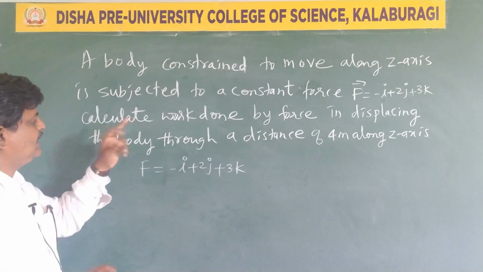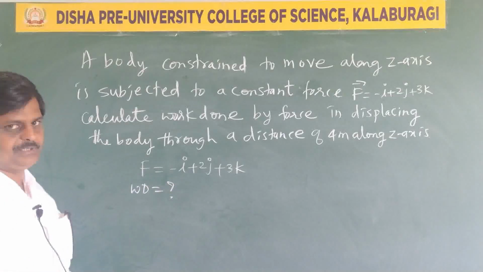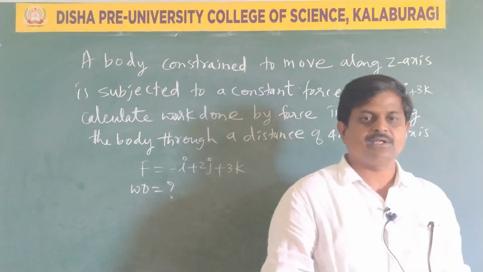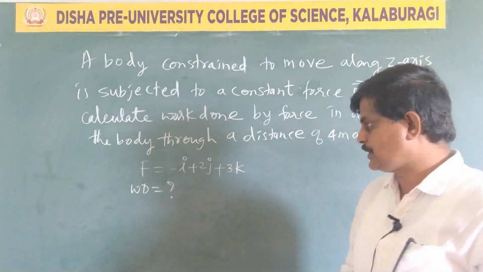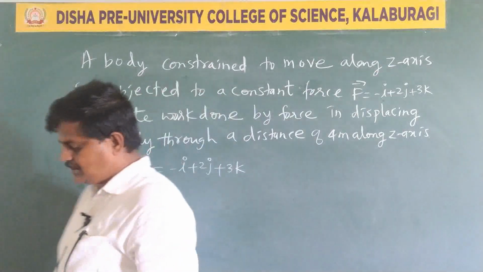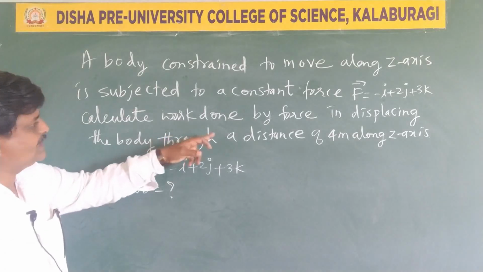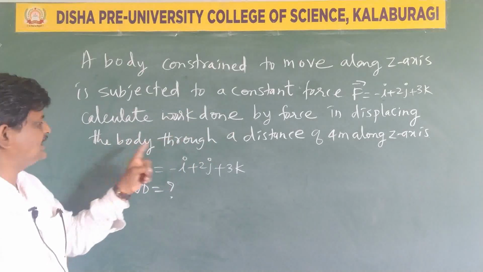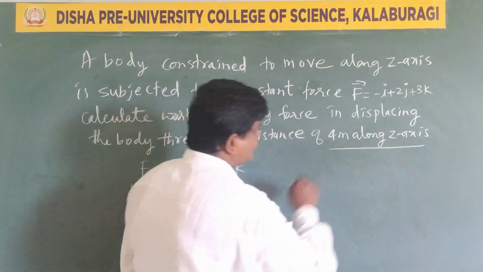Now calculate work done. Work done is asked. Work done means what? Is it a scalar product or vector product? Recall, it is a scalar product. Agree? So calculate the work done by the same force in displacing a body through a distance of 4 meter along the z axis.